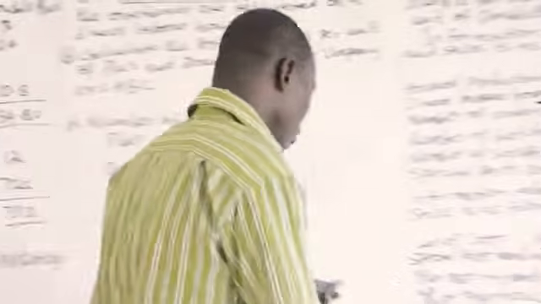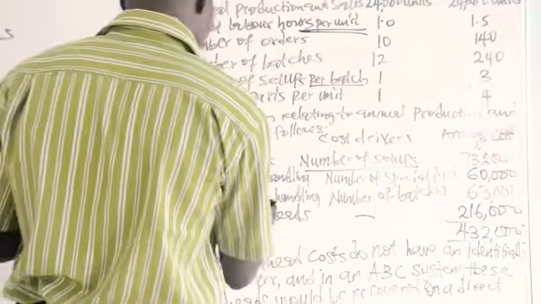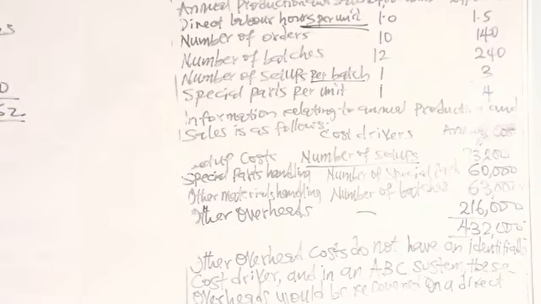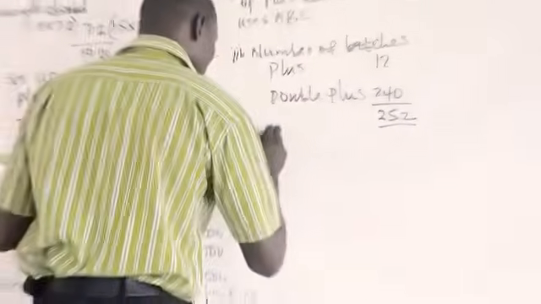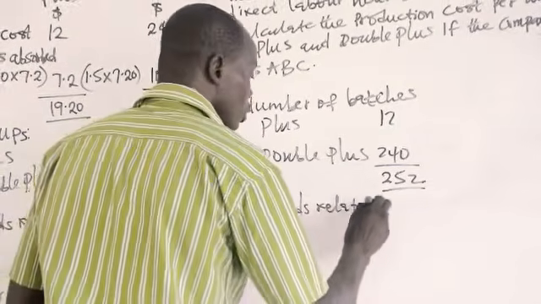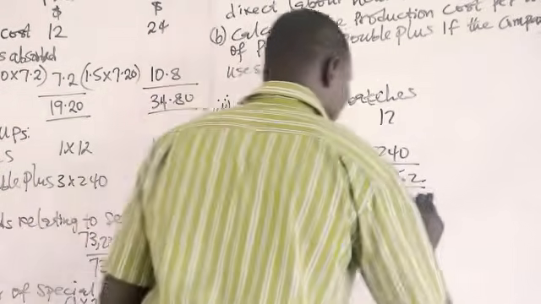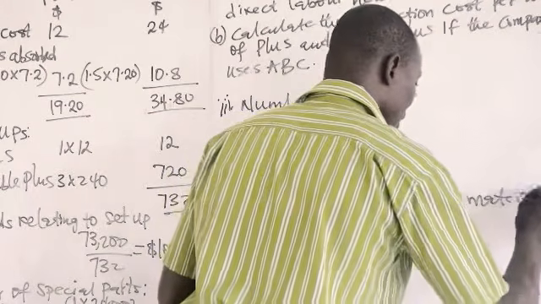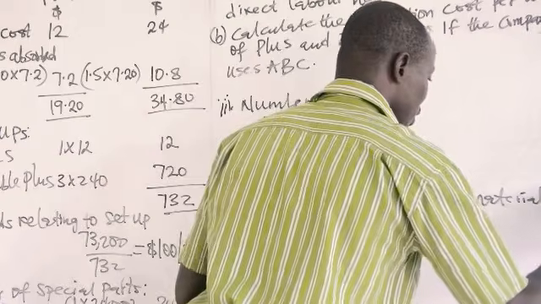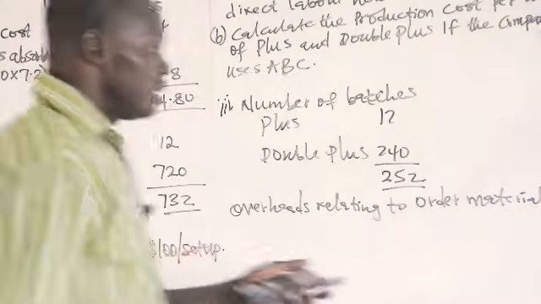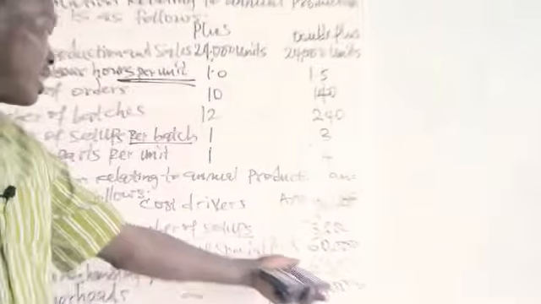Overheads now relating to other materials handling. The overheads relating to other materials handling is 63,000.